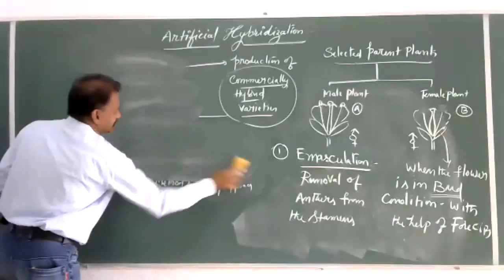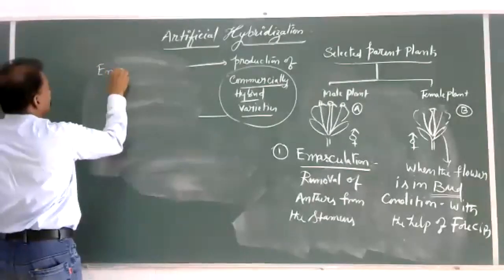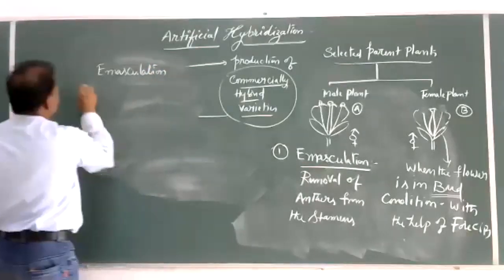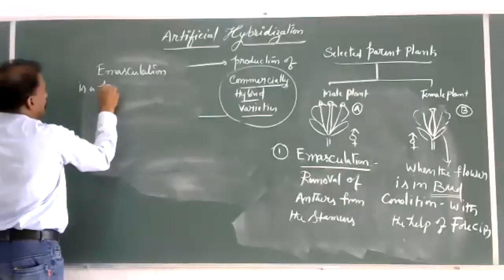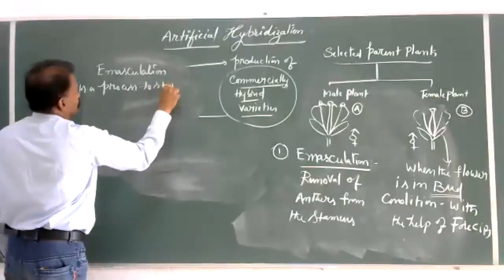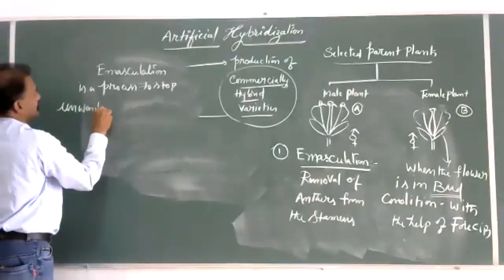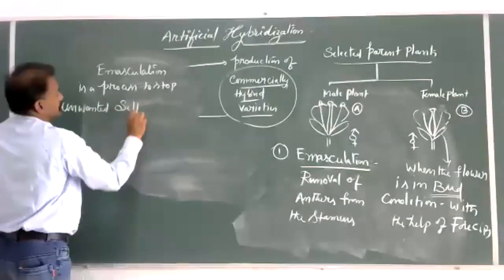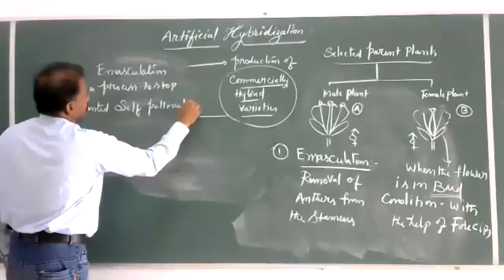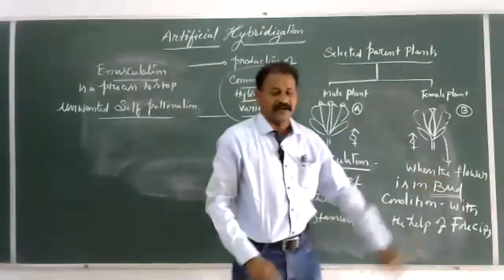Emasculation is a process to stop unwanted self-pollination. If we are not removing this, it will go for self-pollination.